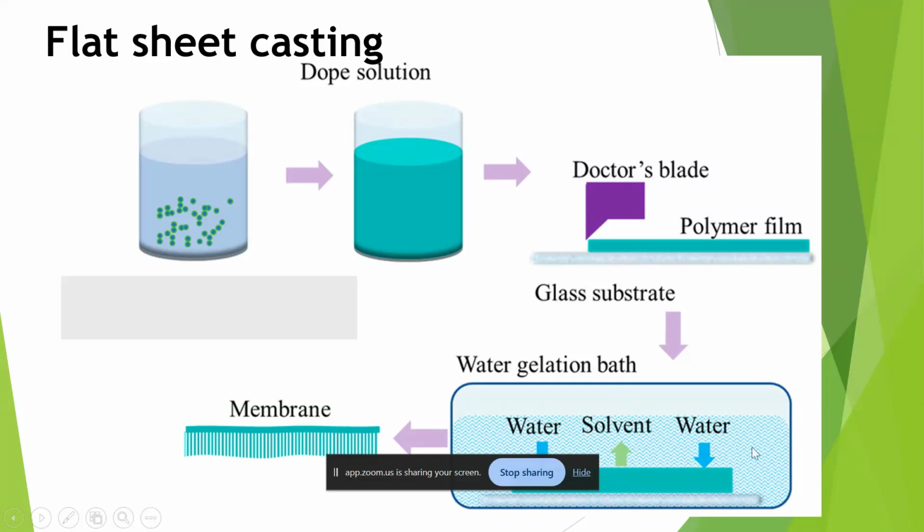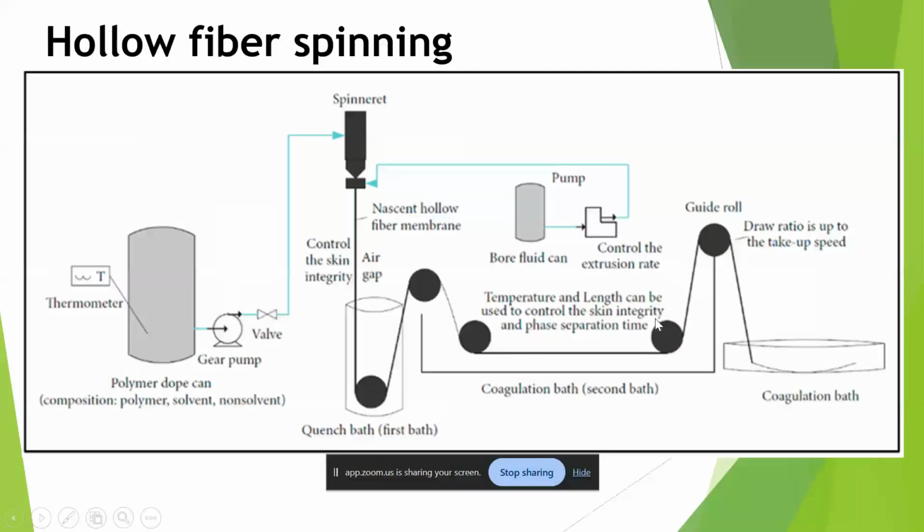Non-solvent induced phase separation means that we are using a non-solvent. Water is a non-solvent, and if you directly immerse the cast polymer film into water, this non-solvent water will enter the cast polymer film, and a separate layer will be formed. That is called non-solvent induced phase separation, where we are simply dipping the glass cast with the polymer in order to make the membrane.